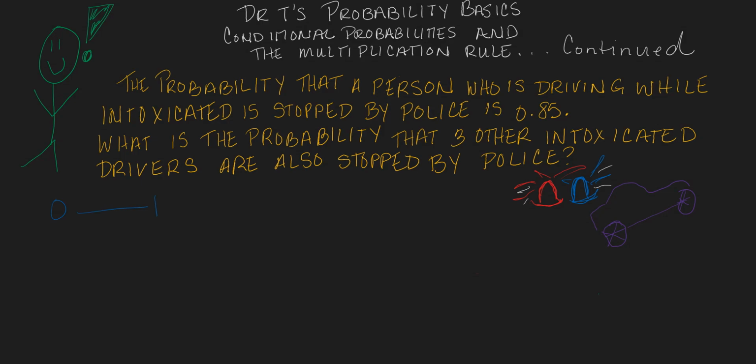So we know the probability that an intoxicated driver is stopped by police, in this example, is 0.85. Well, if knowing for sure that someone will get stopped while driving intoxicated is 1, then we can subtract the probability that we have. And this is going to give us the probability of 1 driver not getting caught, or in other words, a failure, right?